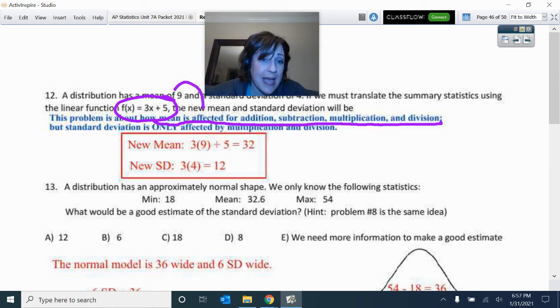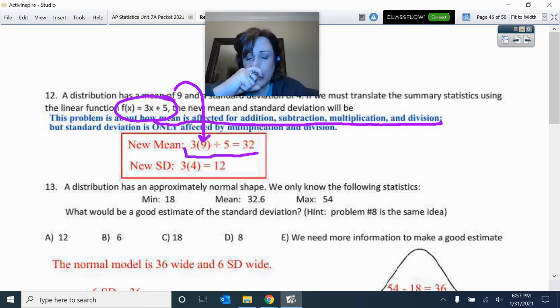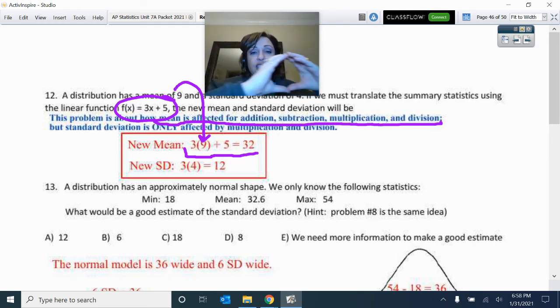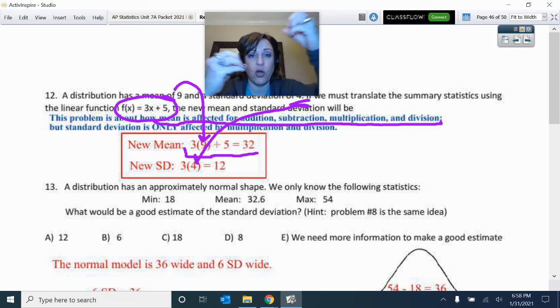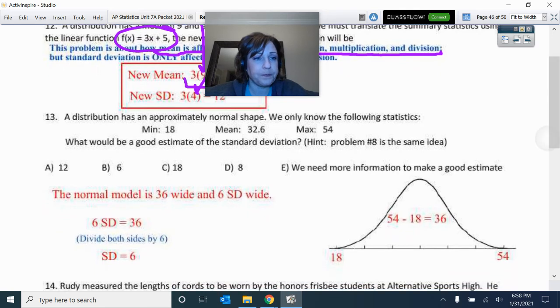So we would take that mean, and it is affected by 3 times that plus 5, and you get your new mean. But that standard deviation is not affected by adding 5. That standard deviation of 4 is only affected by multiplication stretching. So 3 times 4, the new standard deviation is 12.